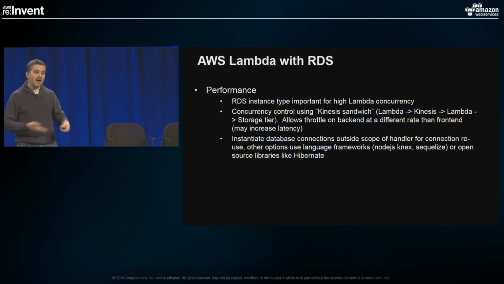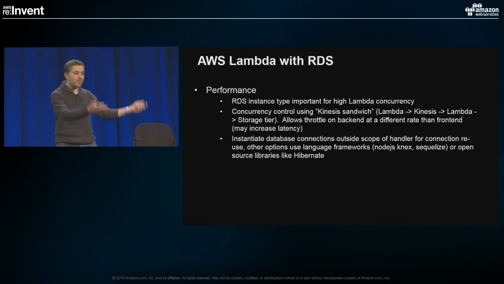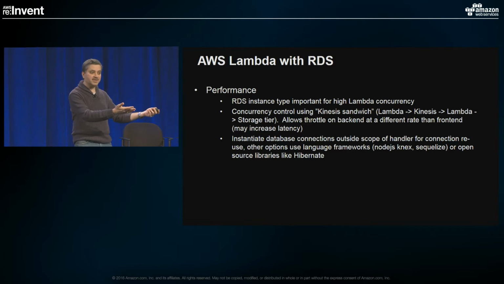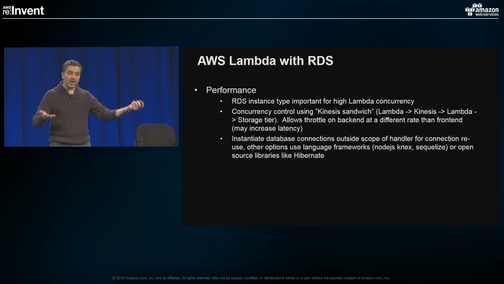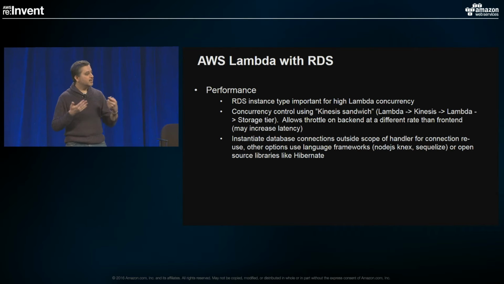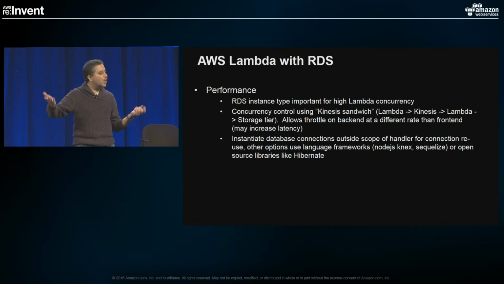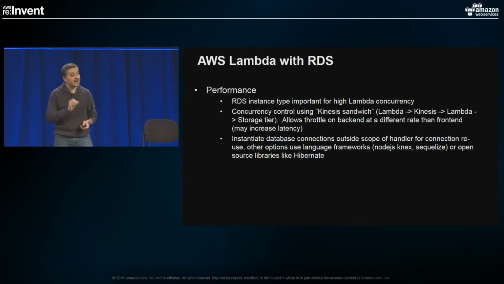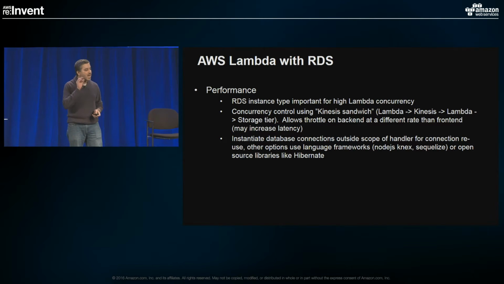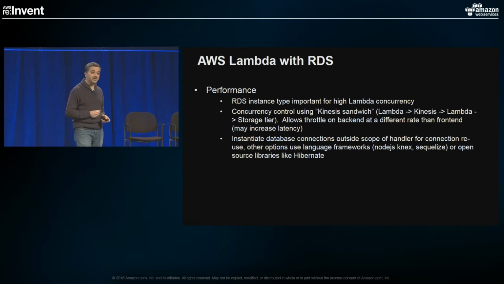If you're doing maybe hundreds or thousands of invocations from a Lambda function to the RDS database constantly in a matter of a few minutes, then you need to ensure that your database can support that. Maybe you don't want to set up a T2 database instance and then invoke thousands or tens of thousands of Lambda invocations to your database, because that will probably slow down the entire process. So make sure that you choose the appropriate RDS instance, especially when you have high concurrency with Lambda functions.